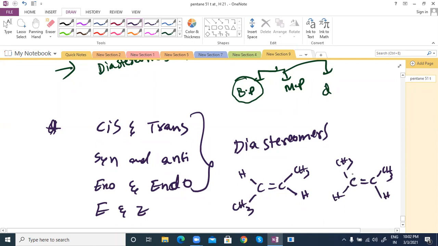No. It has a plane of symmetry also, and a center of symmetry. So these are optically inactive, but still diastereomers. So, are all diastereomers optically active? True or false? False. But all enantiomers are optically active. That is true.